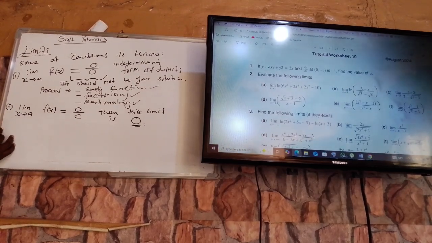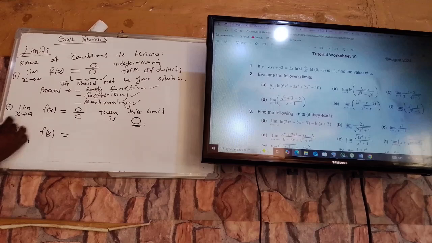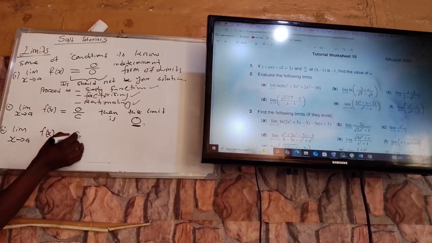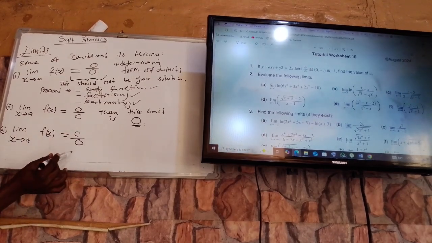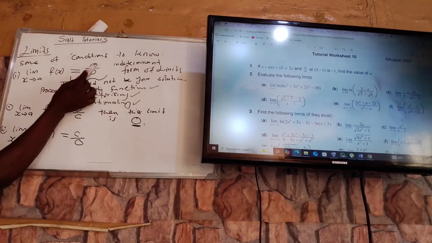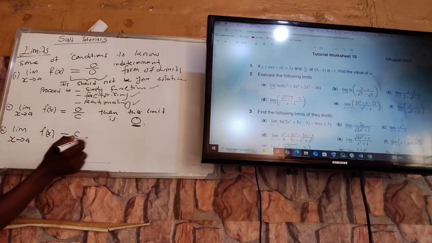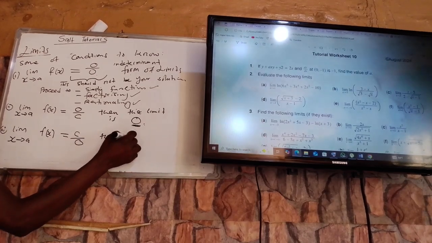But if we have the limit as x approaches a of f of x, and this limit gives you, let's say, c over 0. Remember, 0 should never be in the denominator. So this c should be a constant value. If it is 0 over 0, it's an indeterminate form. But if it is c over 0, then the limit does not exist.